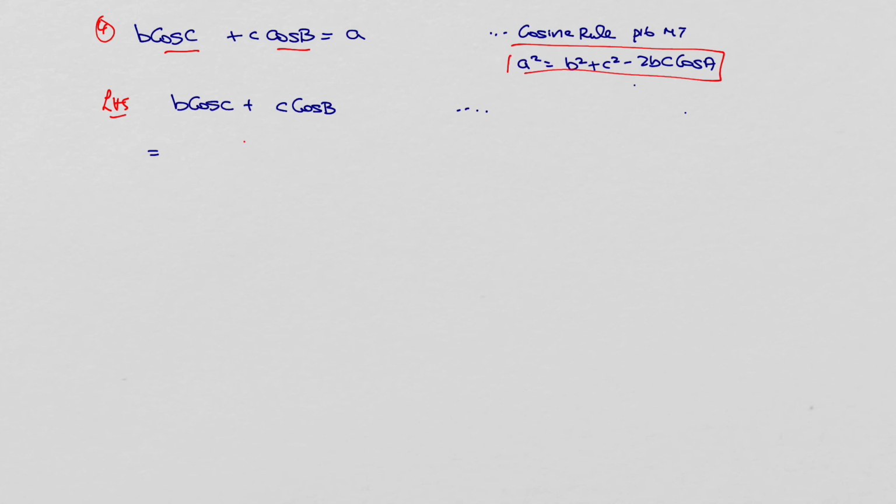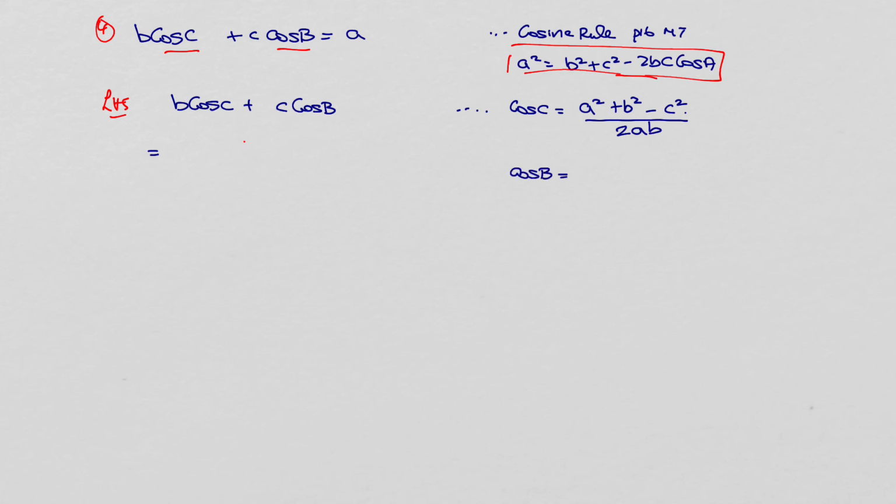So if I'm looking at cos c, it's going to be a squared plus b squared minus c squared all over 2ab. And the same can then be said for cos b.